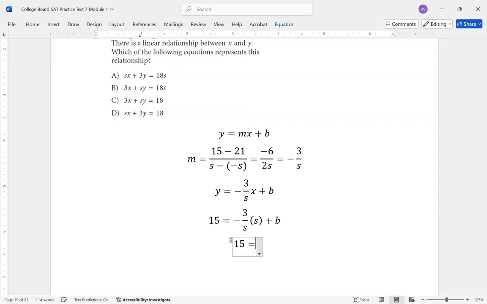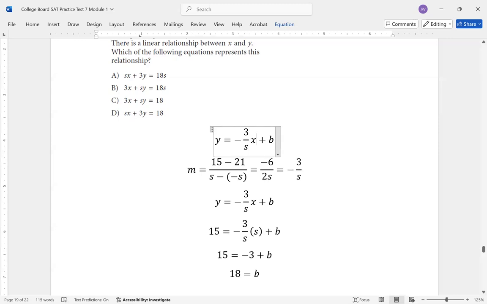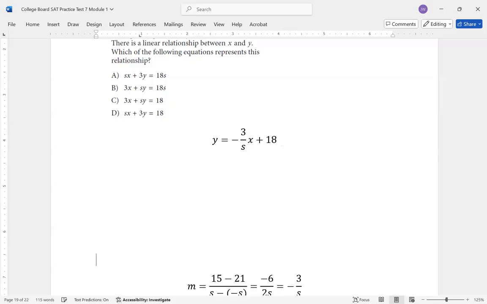So 15 is equal to -3 plus b, and that means b has to be 18. So now I know the equation of that line. The equation of y equals mx plus b is y equals -3 over s times x plus 18. That's the equation of the line I'm looking for.